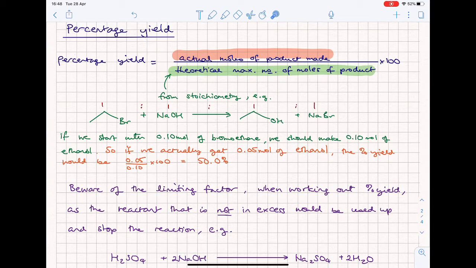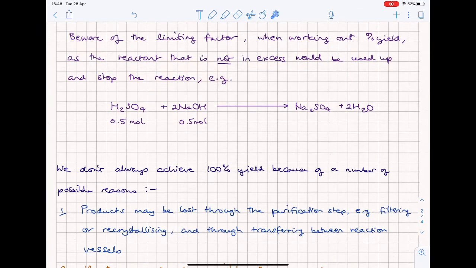One of the reasons why some people get the calculation wrong is that they haven't thought about the fact that some of the reactants may be limiting factors. So you've got to be aware of limiting factors when you do these calculations on percentage yield. For example, if I have a reaction where I have 0.5 moles of sulfuric acid added to 0.5 moles of sodium hydroxide, there's actually a limiting factor in this reaction because the stoichiometry is 1:2 for the acid to alkali.